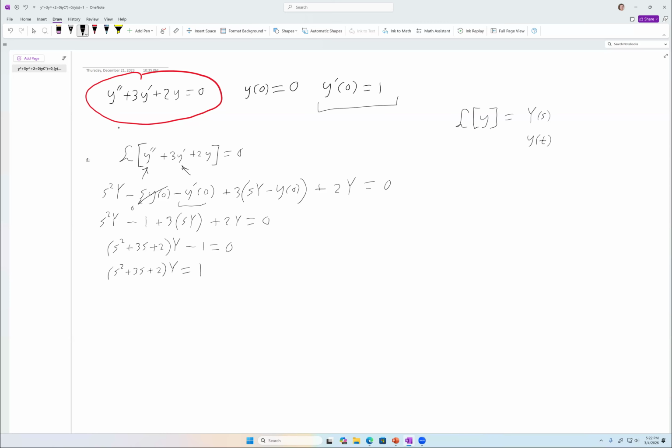Okay, now let's move everything to one side so we have capital Y equal to whatever else we have in terms of S. So that'll turn out to be Y is equal to 1 over s squared plus 3s plus 2.